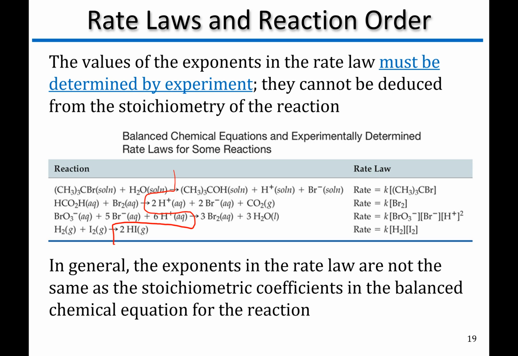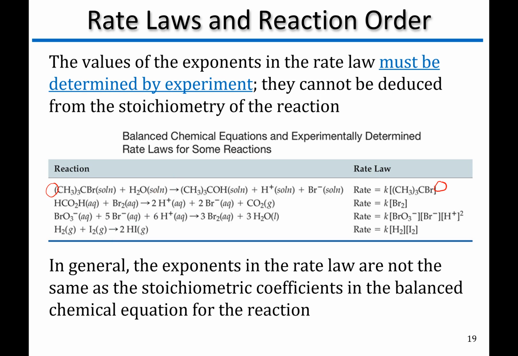Okay, we're leaving H2O out because that's going to be our solvent in this case. We'll get to that in a little bit. But it's just equal to a constant times the concentration of our main reactant, and then raised to the power of m. And here, m would be equal to 1. And if you notice, if it's not there, it's a 1, our stoichiometric coefficient is also 1. But don't let that fool you.